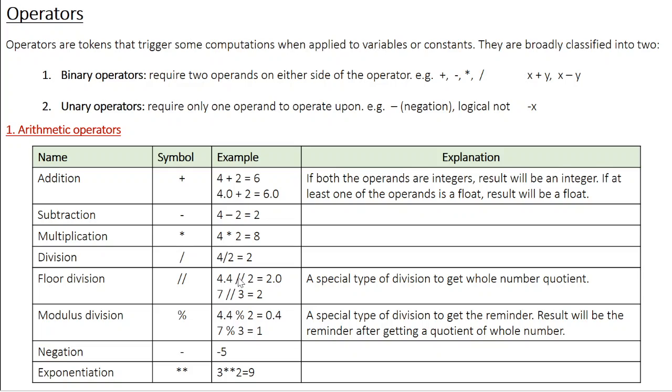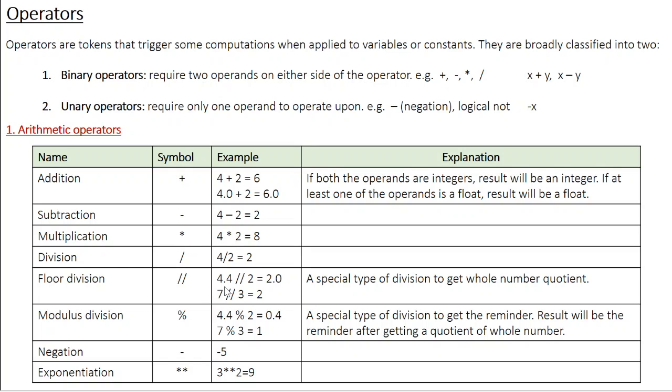Now what will yield you a whole number quotient here? Instead of 4.4, if you have 4, then you get a whole number result. 4 divided by 2 will be 2, the whole number. So when you take 4.4 and do its floor division with 2, your answer will be 2 here, the whole number quotient. Since 4.4 is a float, your answer is a float.